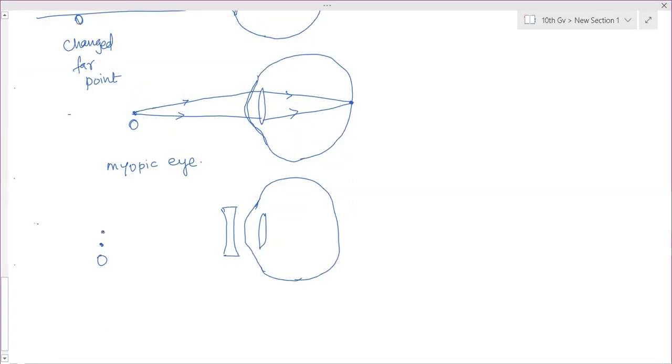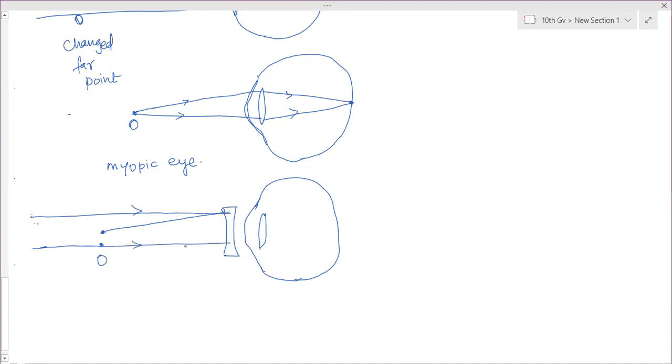So this is the changed far point. Sorry, the infinity object. Any object coming from infinity first falls on the concave lens.